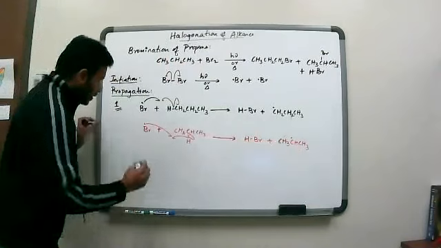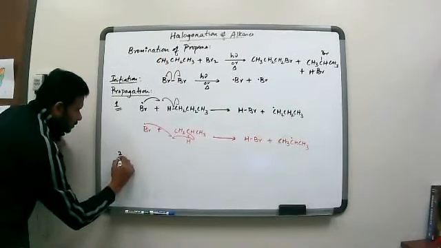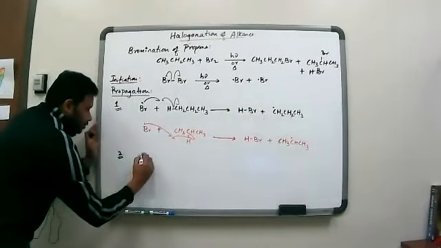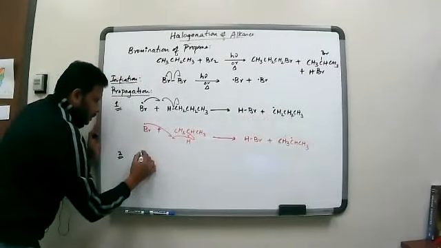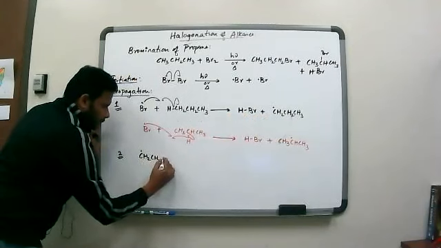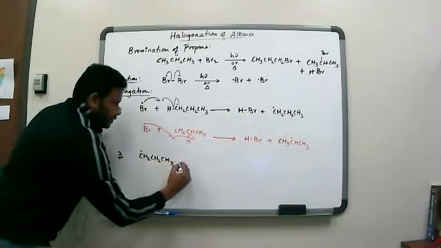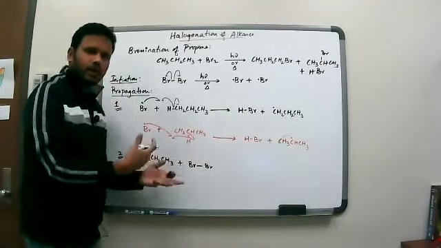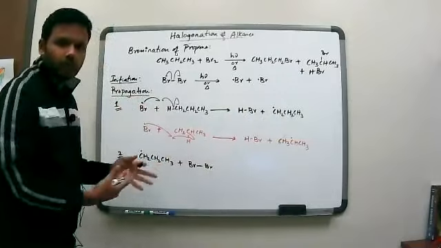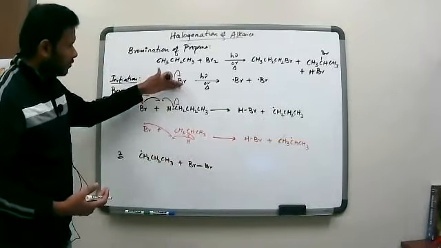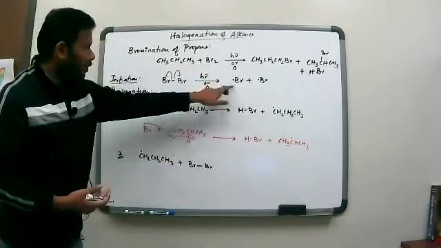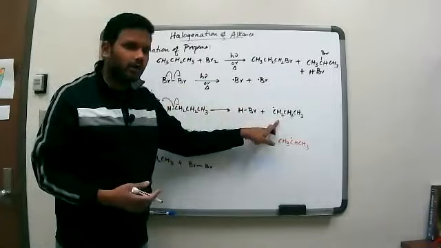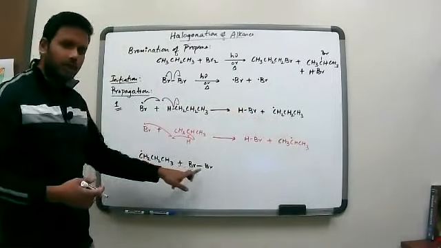And now we can write the second propagation step. Primary carbon radical reacts with another molecule of bromine. So see how this is kind of repetitive in terms of the number of steps, what we're doing. Okay, first the bromine fragmented, one of the bromine radicals interacts with the alkane to generate a carbon radical, then the carbon radical is reacting with more bromine.